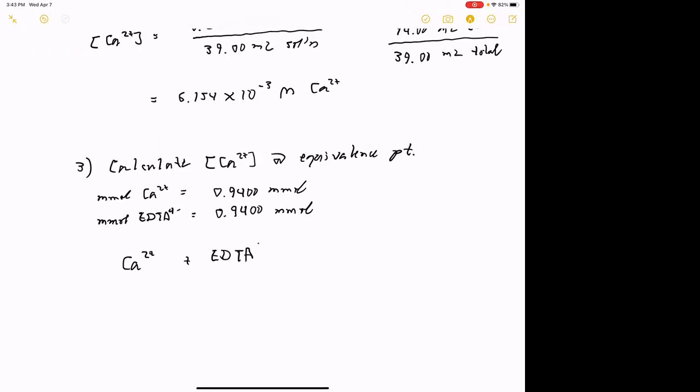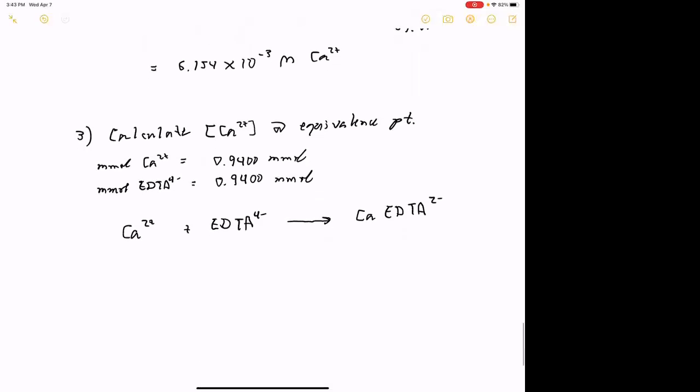I mean, you kind of know the answer before you do it. And we know we can use a single arrow for this. I'll make the calcium EDTA. And that's 2 minus now on the complex. So again, this goes 100% to the right. Okay, big K. We can do an ICF.